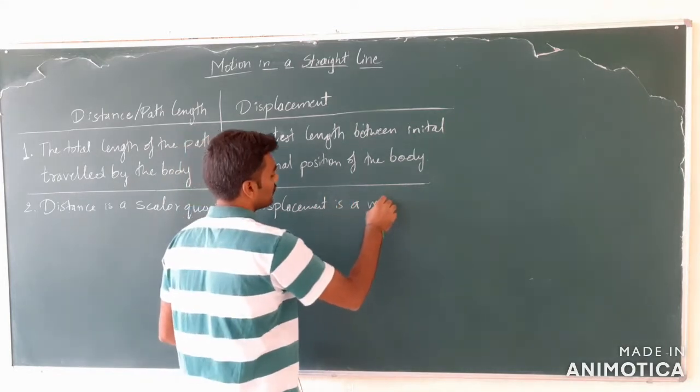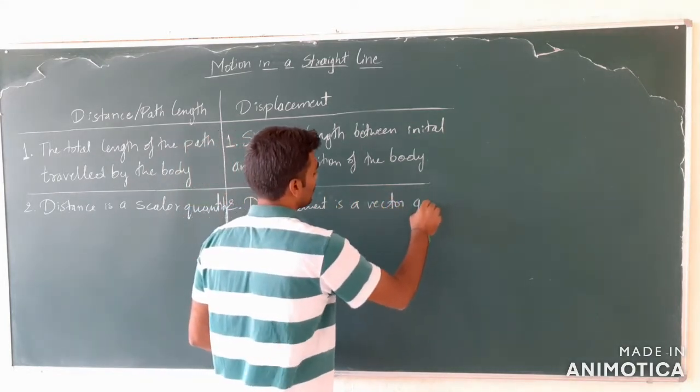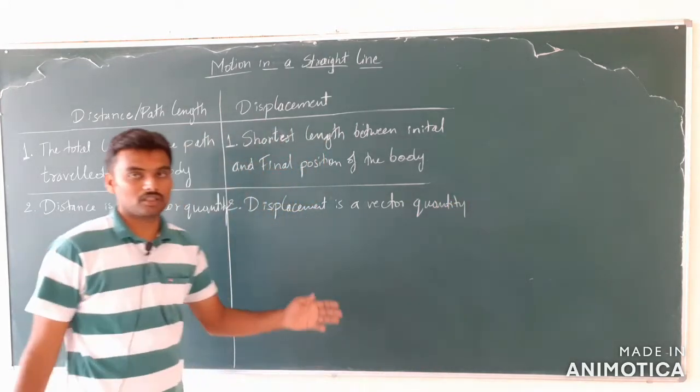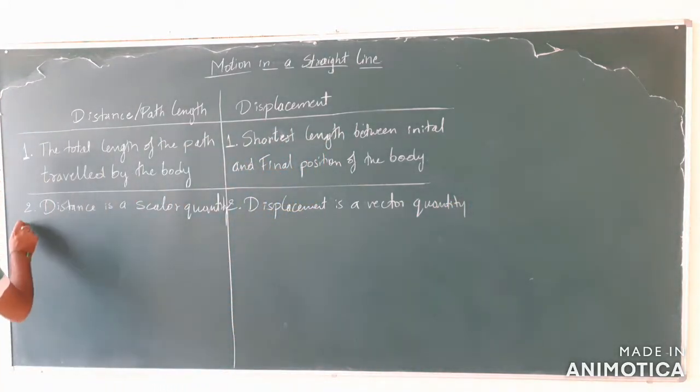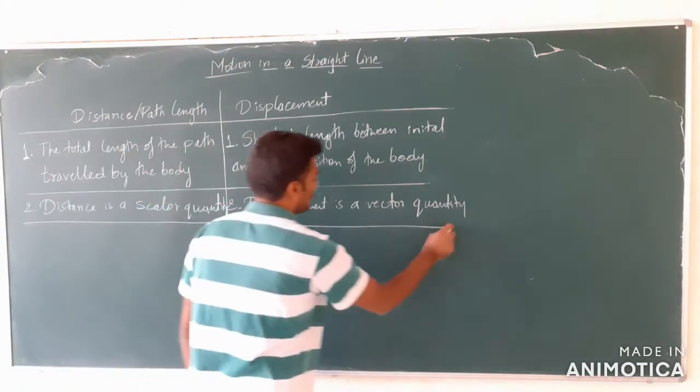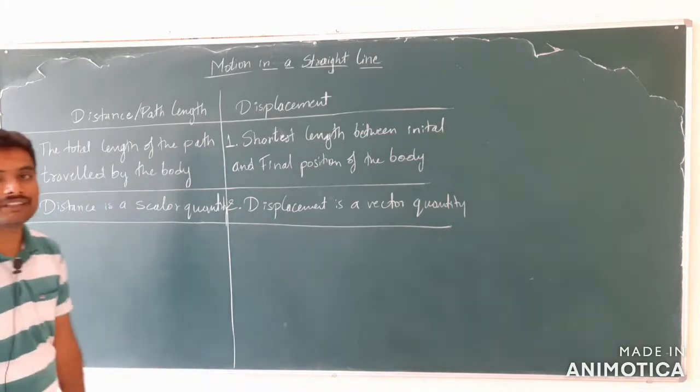Vector means one which has direction. Scalar means one which does not have any direction. So that is the second difference, very easy.